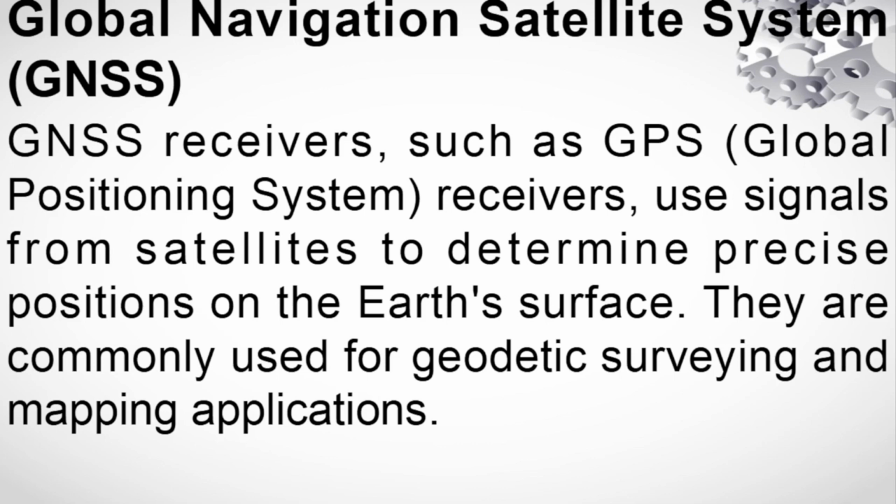So the Global Navigation Satellite System helps with, let's say, most of the maps on Google Maps and other electronic applications, like GPS and those things. It uses the Global Navigation Satellite System.